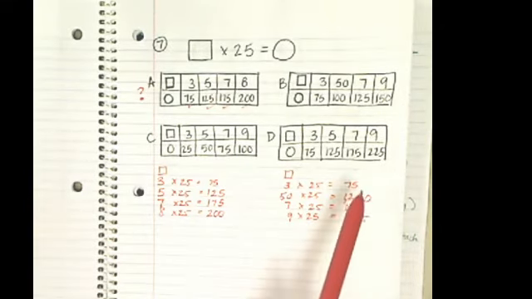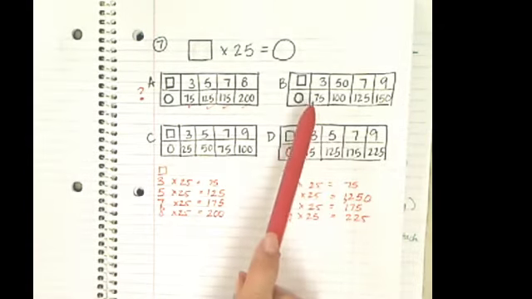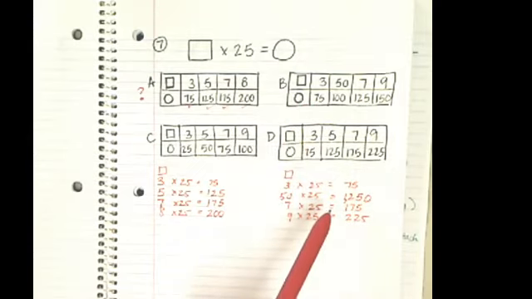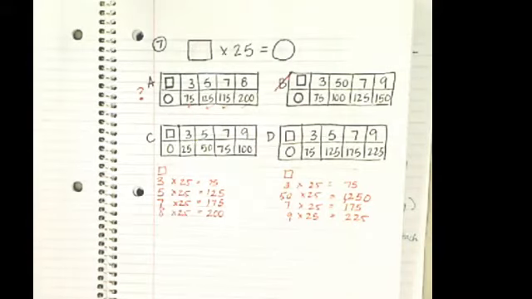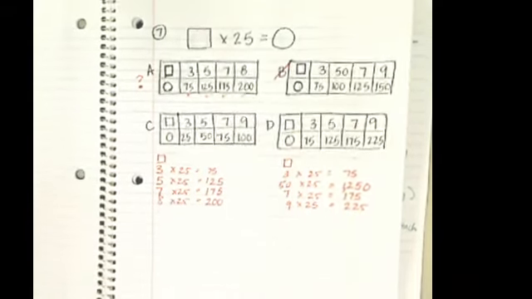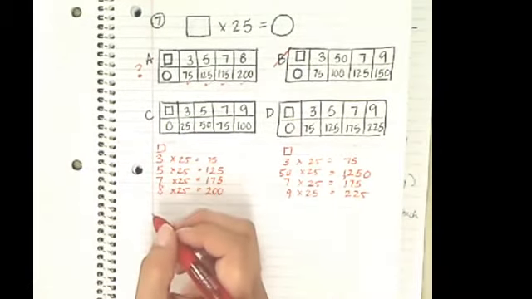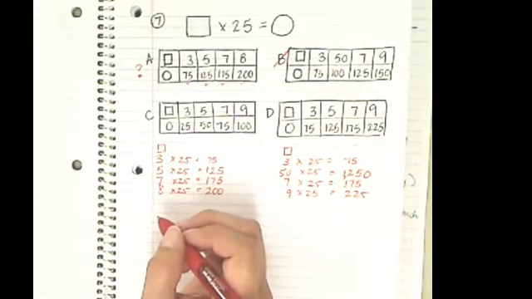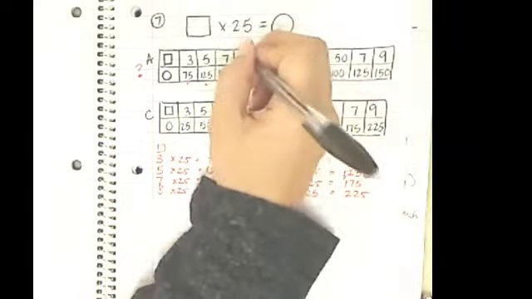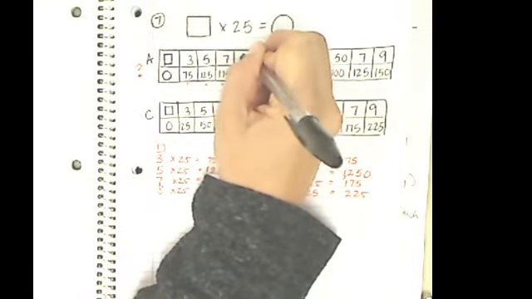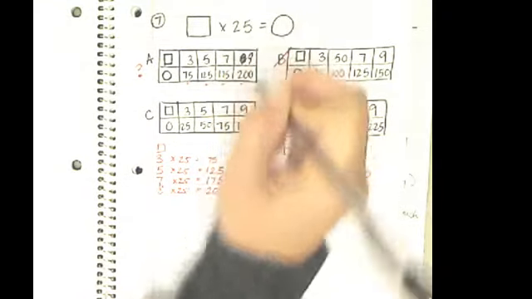And right away I can see that these answer choices don't match up at all. So B cannot be the correct one. So let's look at C. Oh, I'm sorry. I just noticed a mistake that I made. This is not 8. That's 9.